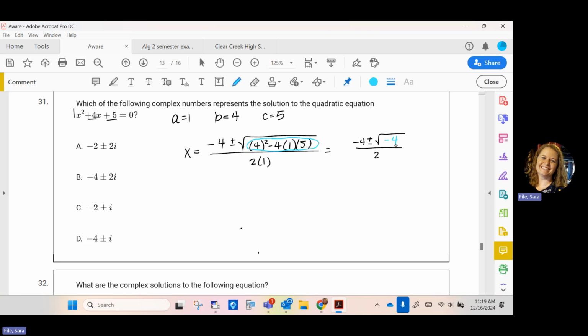Now, here's where you have to remember, if you have a negative under the radical, it comes out as what? An i. Remember this, the square root of negative 1 is i. See all these i's? That's where i is coming from. It's coming from having a negative under the radical.